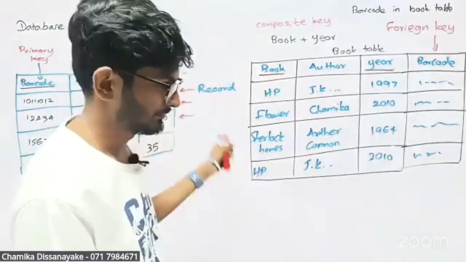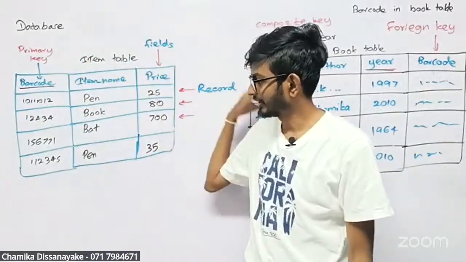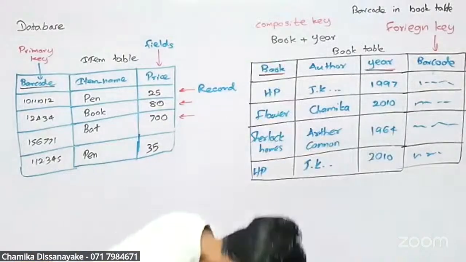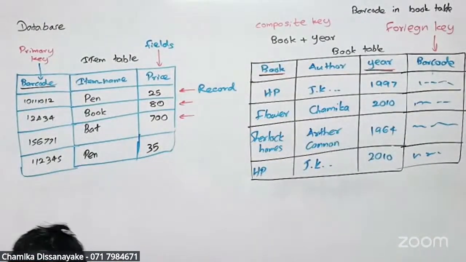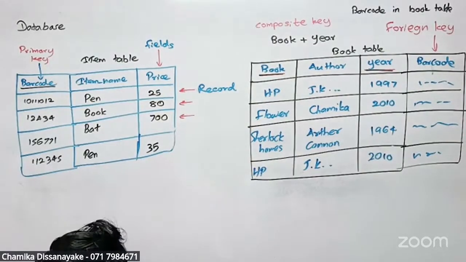So write this. Just write the topic as database and write this down. And let me give you the idea of the keys.